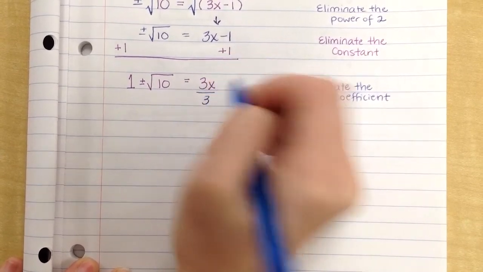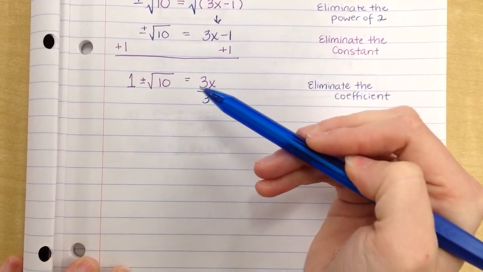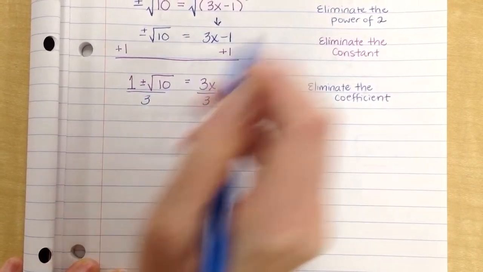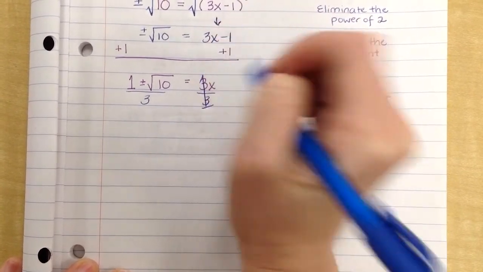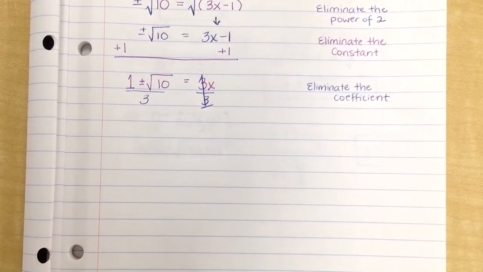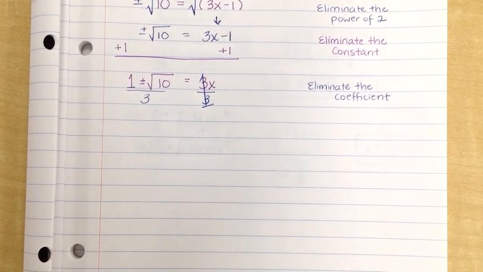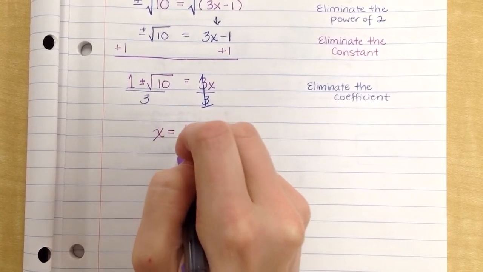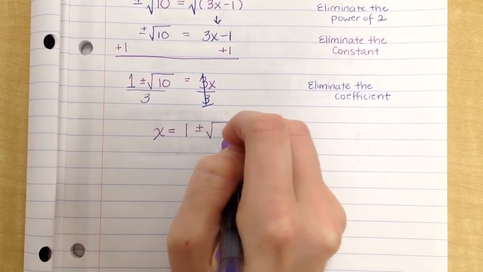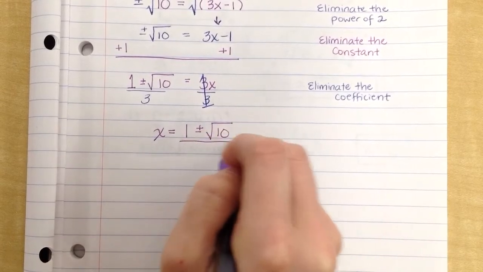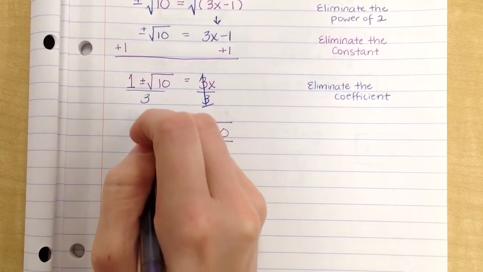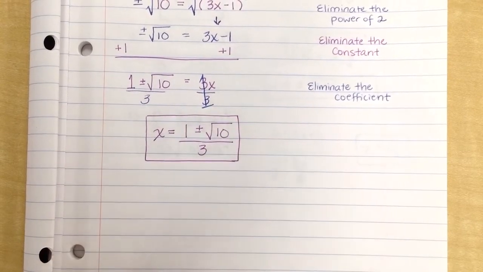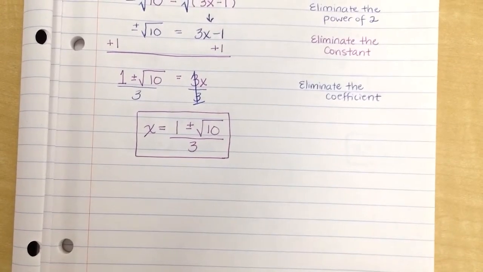So the opposite of multiplying by 3 for that coefficient of x is dividing by 3. So we're going to divide by 3 to both sides of the equation. 3 divided by 3 is 1. And therefore we have a final answer of x equals 1 plus or minus the square root of 10, all divided by 3. That's our final root, or roots.